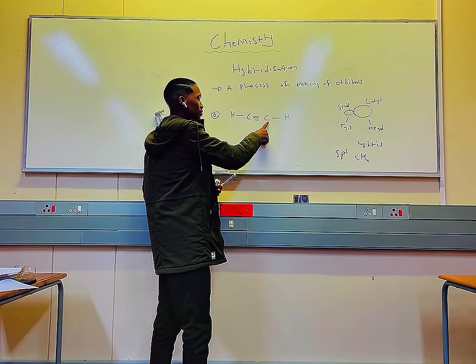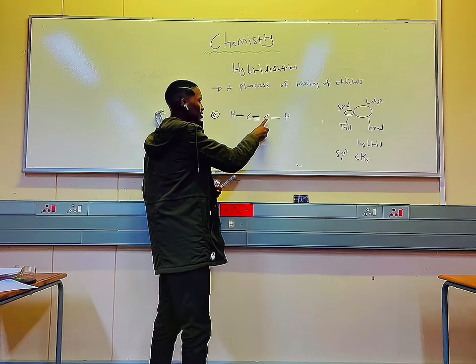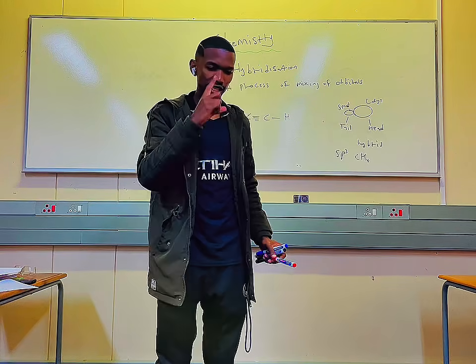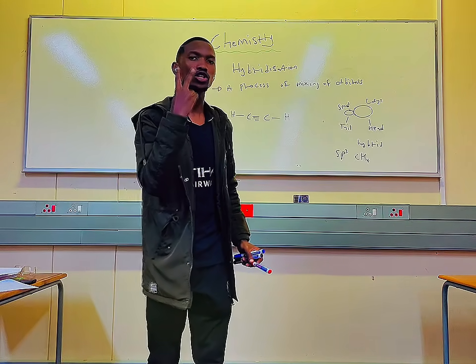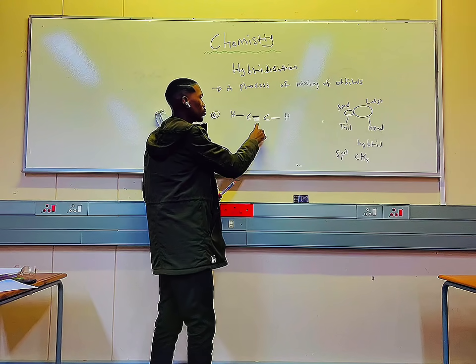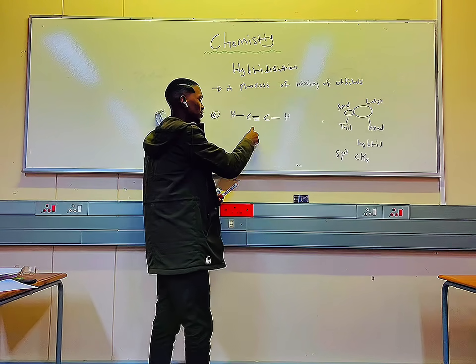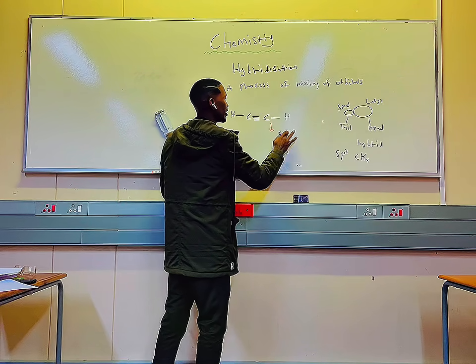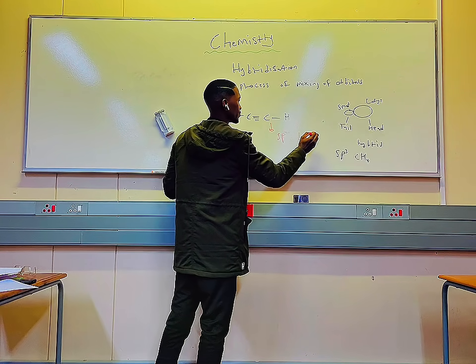Now this carbon, it has 1 sigma bond. Remember the triple bond. If you see a triple bond, we always know that there is 1 sigma bond and 2 pi bonds, okay? Then with the other sigma, it makes 2 sigma bonds. This carbon has 2 sigma bonds, so this guy here is sp hybrid, okay?